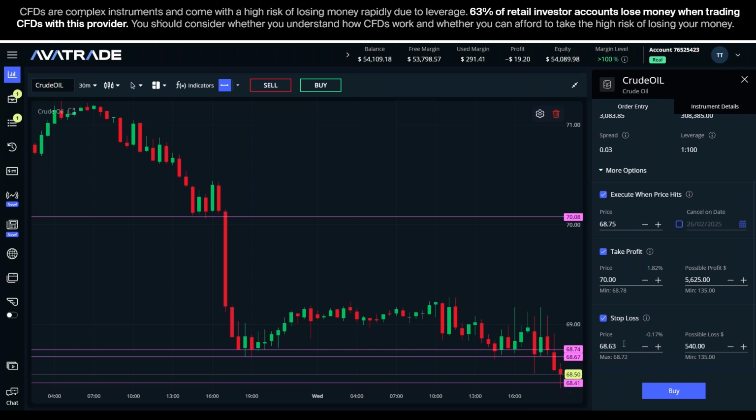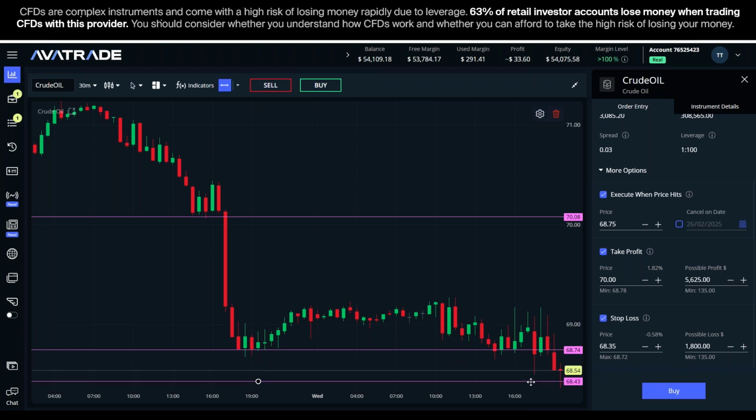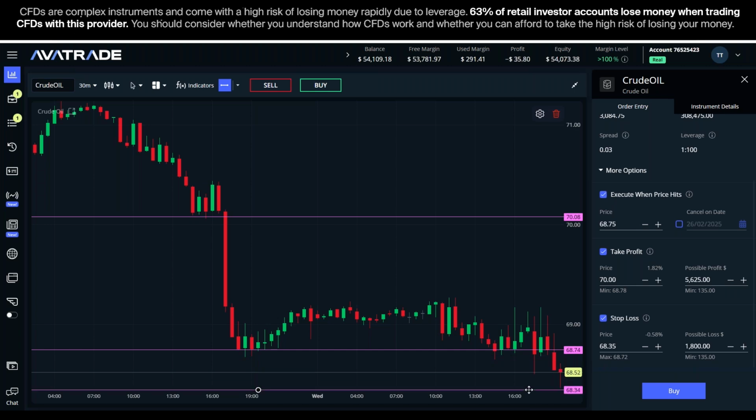So 68... that's a close stop loss. So 68.40, or 35. Puts us down in a better spot. 68.45 gets us almost below the wick.